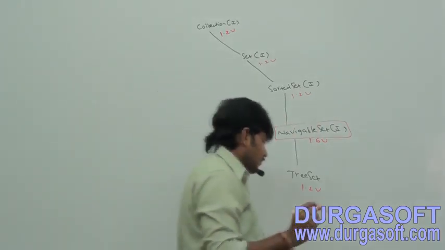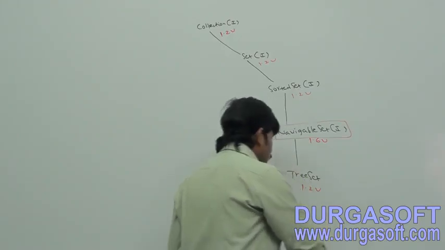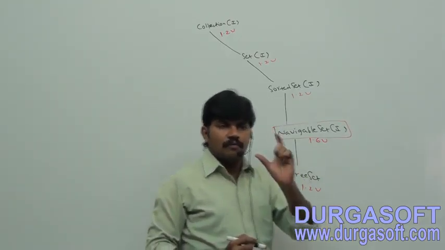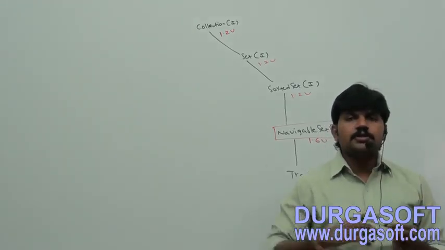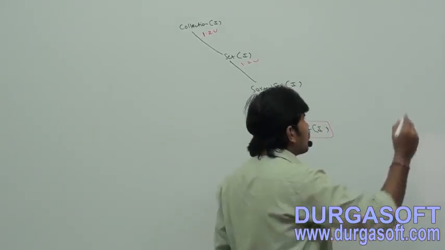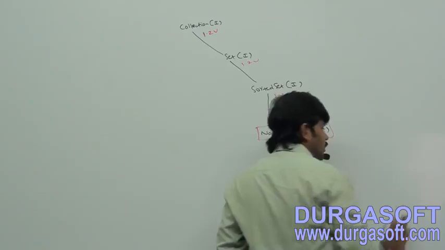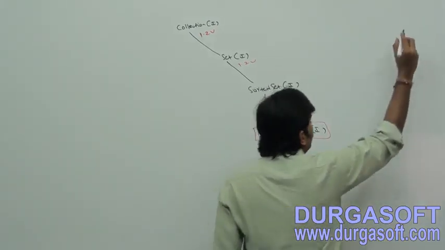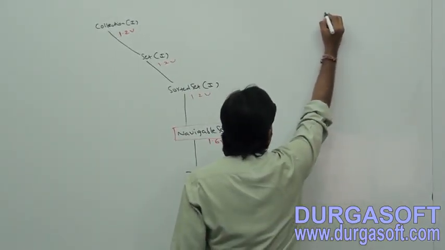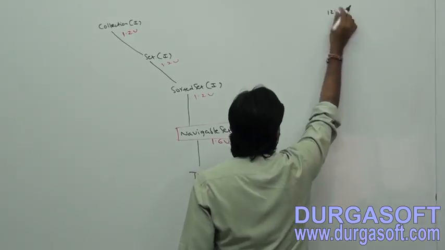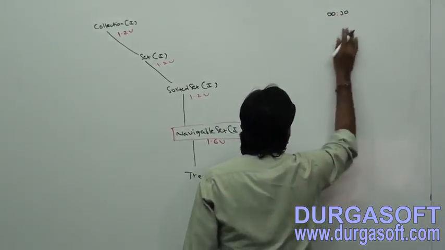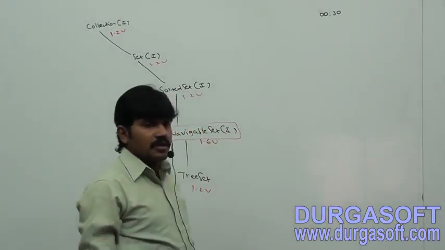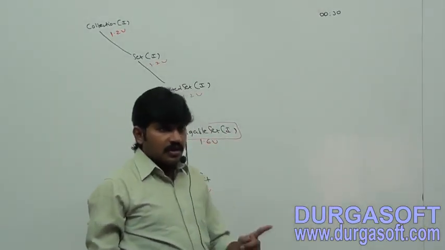Very simple, just observe. Suppose I want to represent all flight timings in some international airport, just assume Shamshabad airport. Can you spell out the various flight timings? The first flight at 00:30. Assume 00:30 is 12:30 early morning, late night.